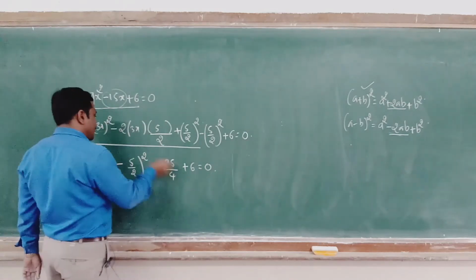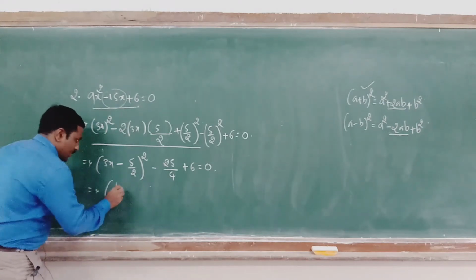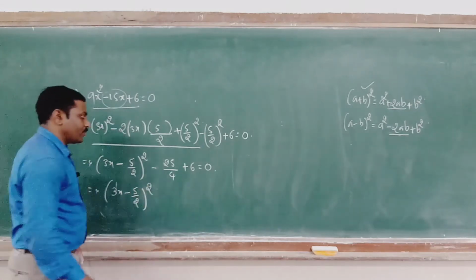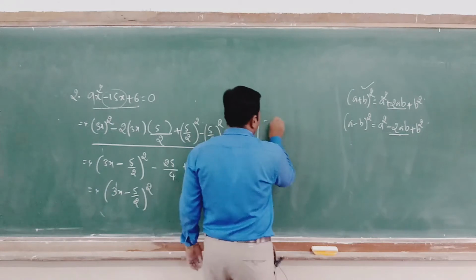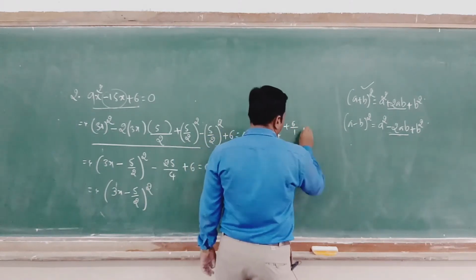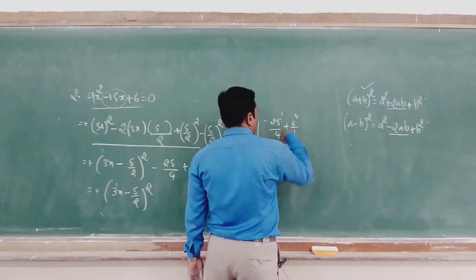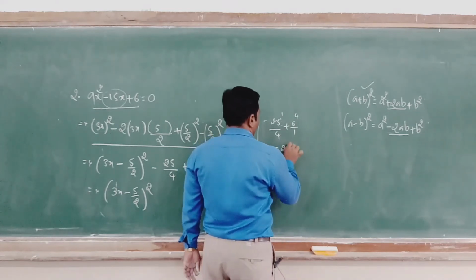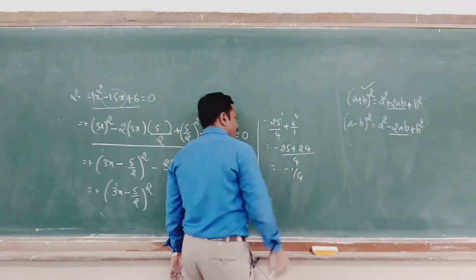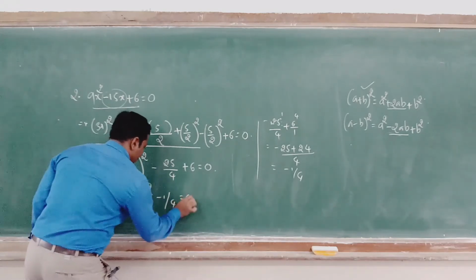Simplifying these terms, write again: 3x minus 5/2 whole square, minus 25/4 plus 6 divided by 1. Take the LCM, that is 4: minus 25 plus 6 into 4, 24, divided by 4, that is minus 1/4. So minus 1/4 is equal to 0.